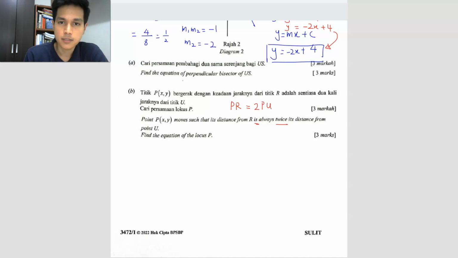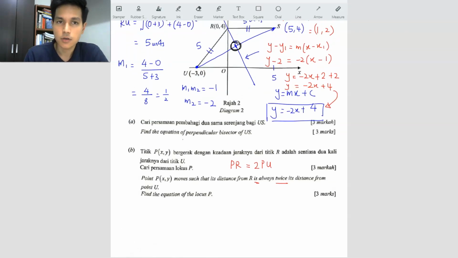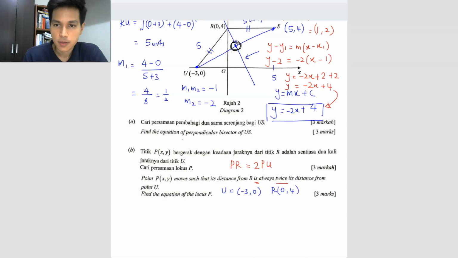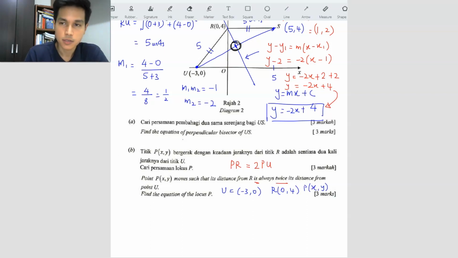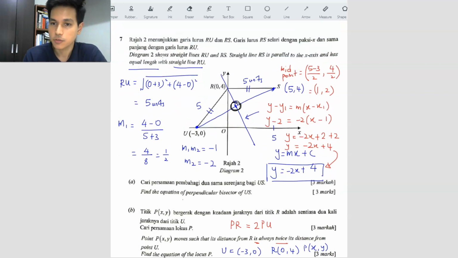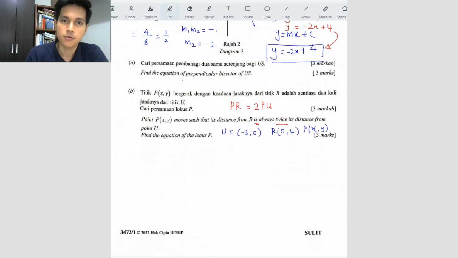So let's assume, okay, before that, let me just write down the coordinates. The coordinate of U is (negative 3, 0), and R is (0, 4), and P we don't know, we're just going to put (x, y). You need it to be (x, y) to form an equation, otherwise how can you form an equation, right?